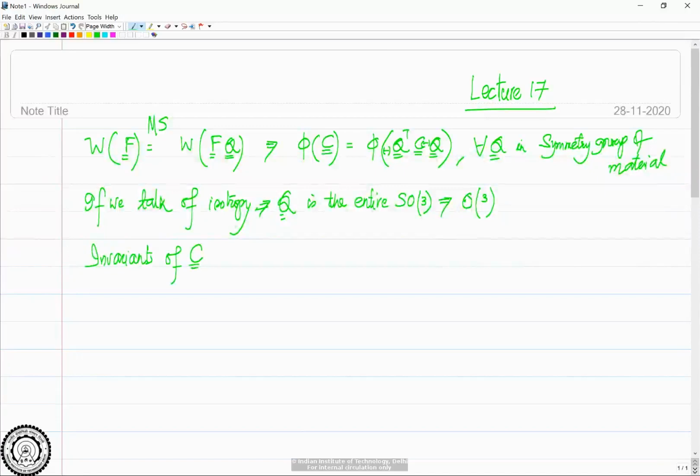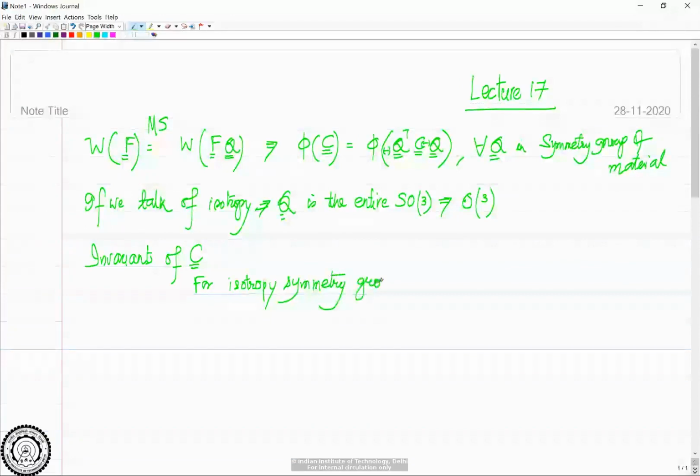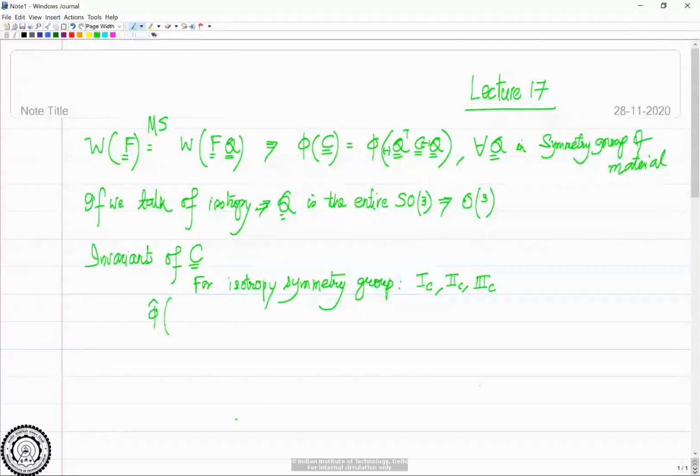And it turns out for the isotropy symmetry group, we have three invariants, I C, II C, and III C. So the energy will just depend on those invariants because it has to satisfy this relationship.